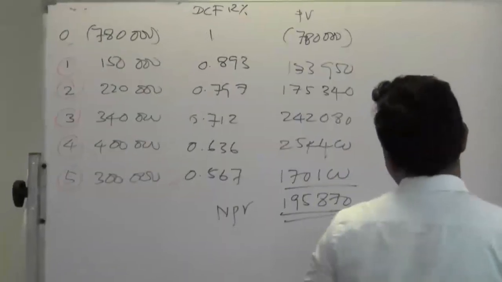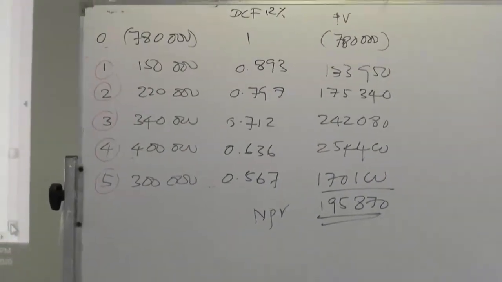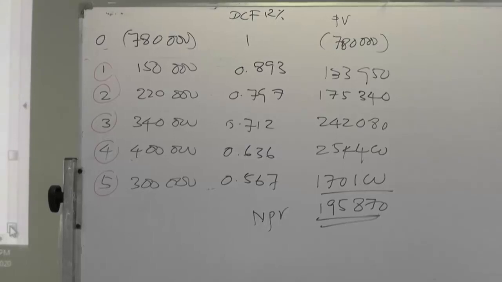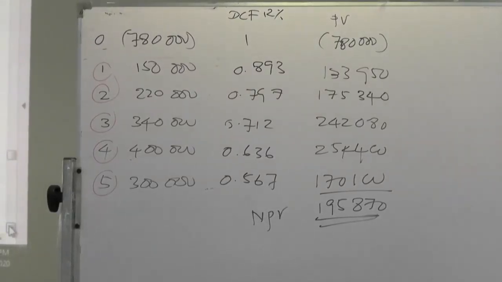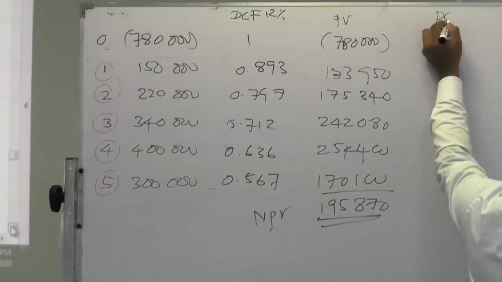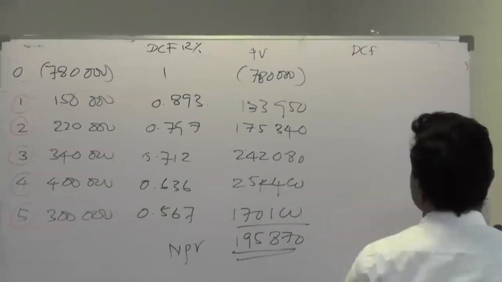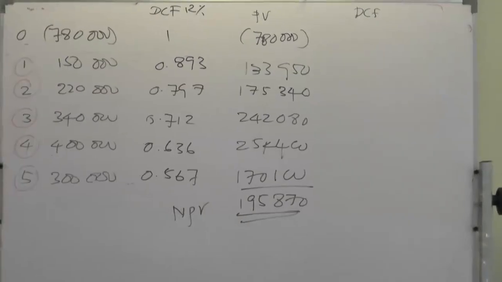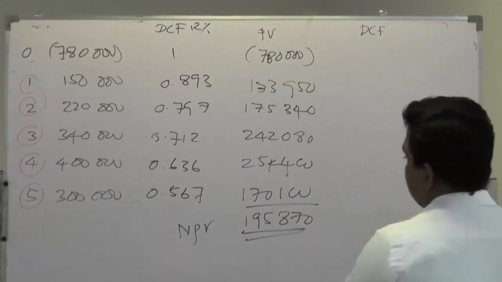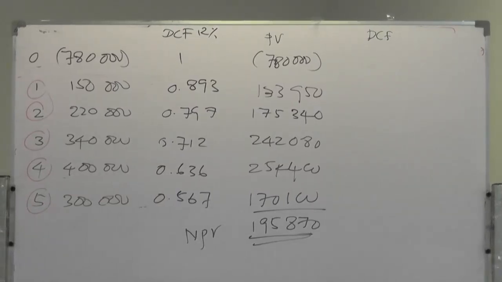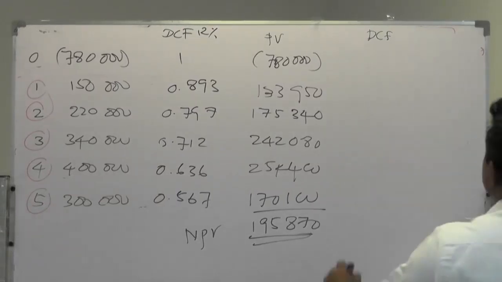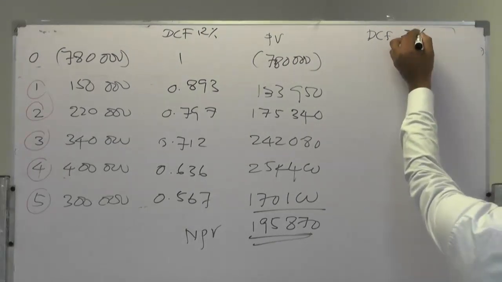You know, to calculate the IRR, we have to have another present value calculation which gives a minus NPV. You have to decide on a discounting factor which gives a minus NPV. Now at 12% it is 195,000, right? Therefore we can double it. Let's take a 24% discounting factor.